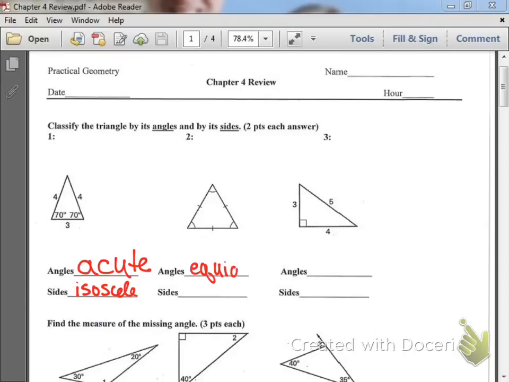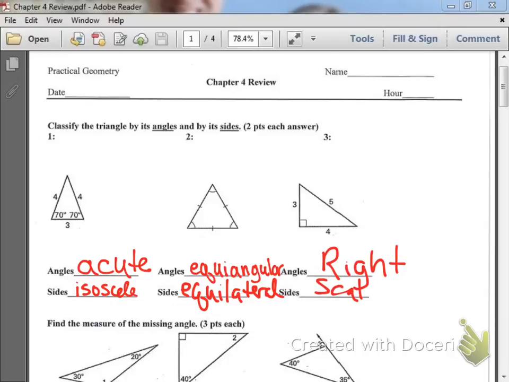This next one by angles is equiangular, and by sides is equilateral. Last by angles is, anybody know? Right. And by sides, scalene. Good.